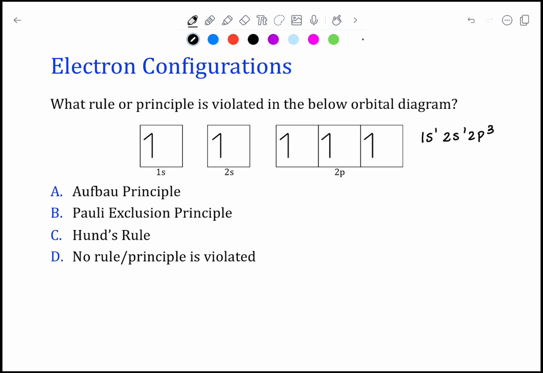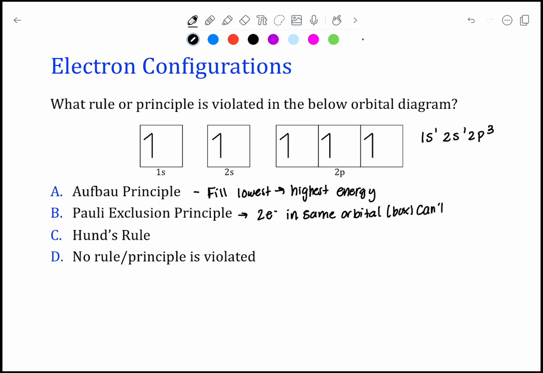Okay, so if we think about our rules, Aufbau says that we have to fill lowest to highest energy. Pauli exclusion says that 2 electrons in the same orbital, or in this case box, can't have the same spin.